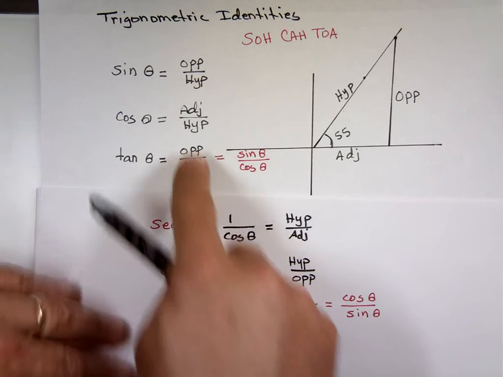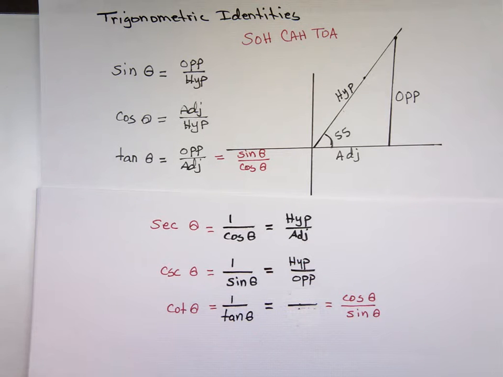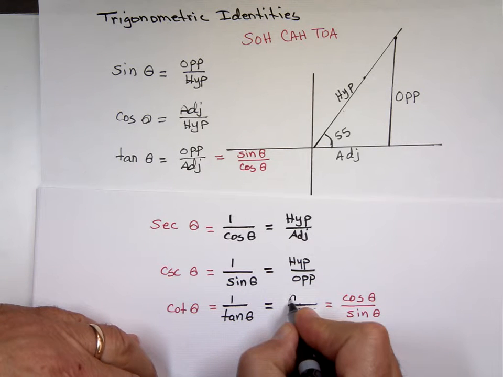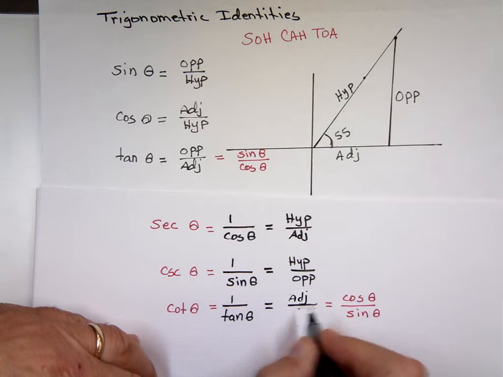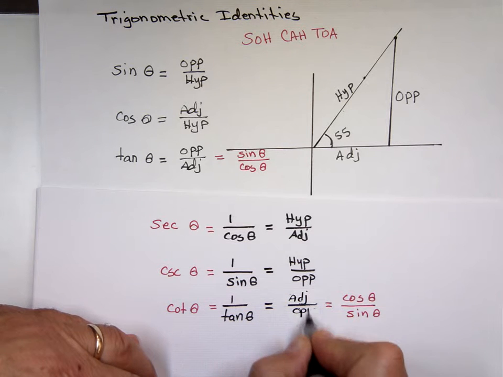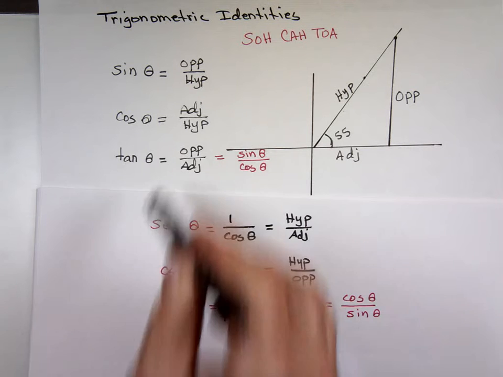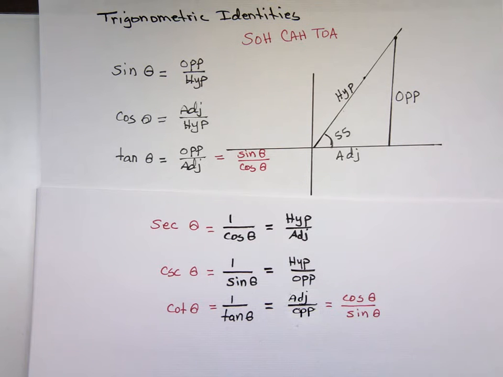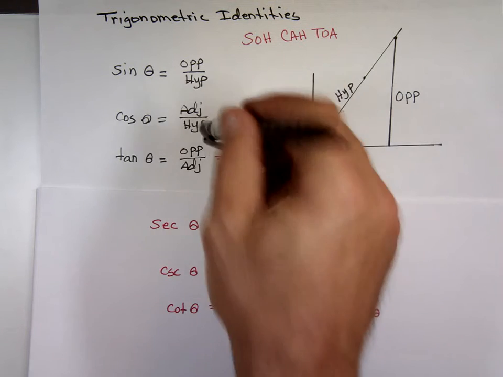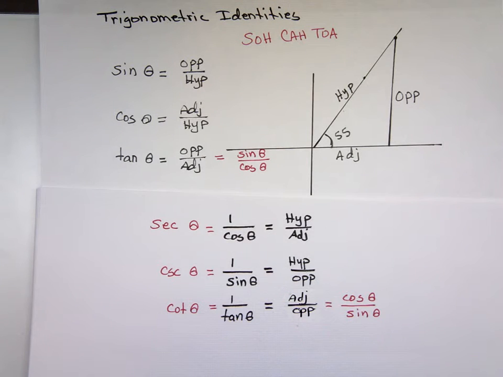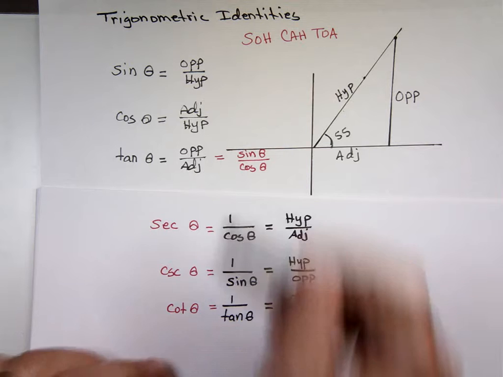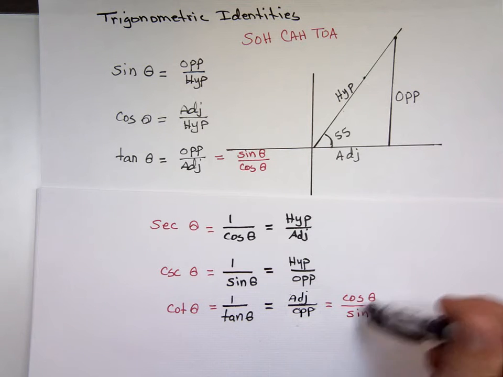So whatever this is, you've got to flip it. It's not opposite, it's the reciprocal of this. Adjacent over the opposite. Reciprocal means flip it. All these are the reciprocal of these. You flip them. Notice the sine over cosine, you flip it, it becomes cosine over sine.